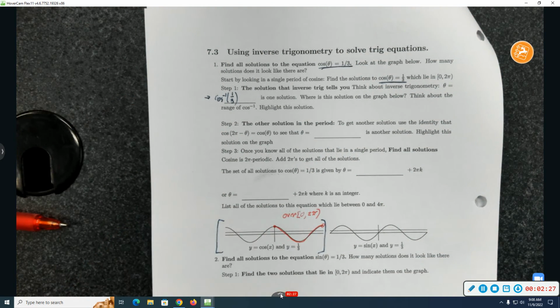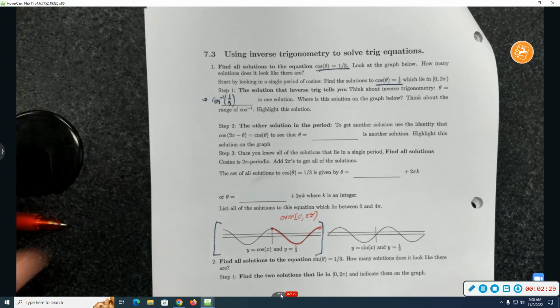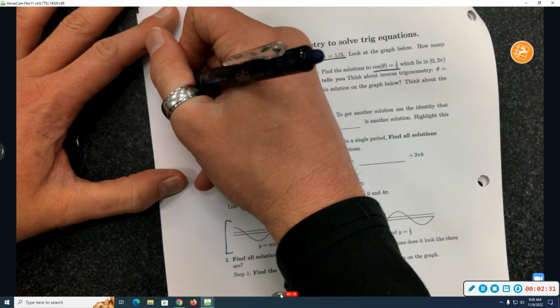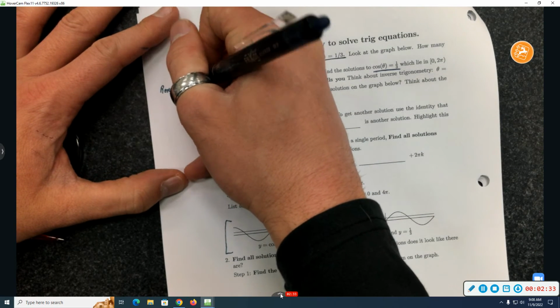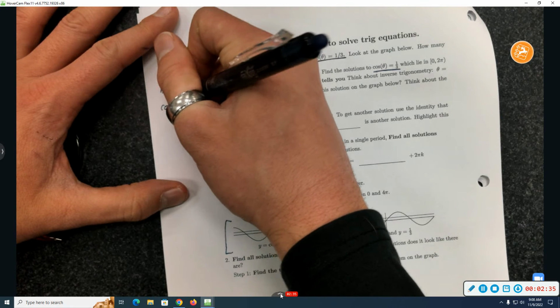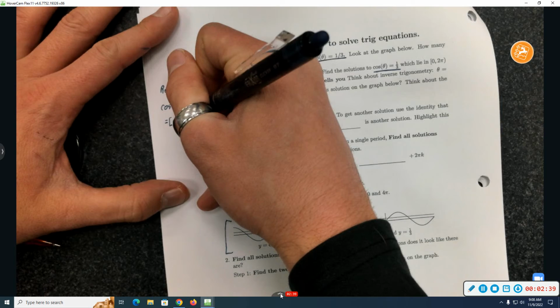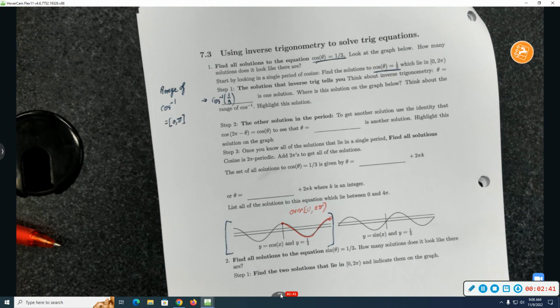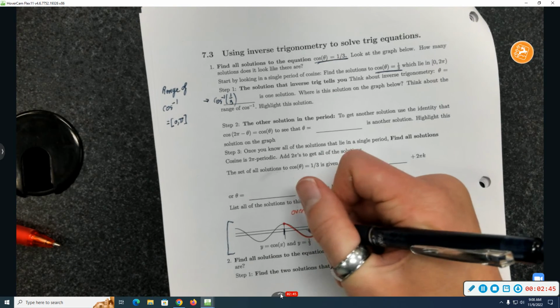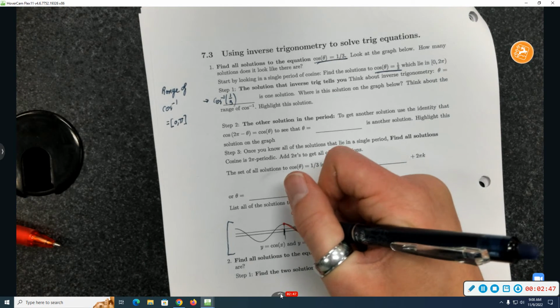Remind me, what's the range of inverse cosine? So that'll be the solution that lives between 0 and pi. So there's x equals 0, there's x equals pi.